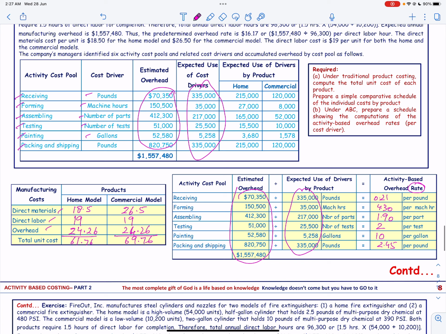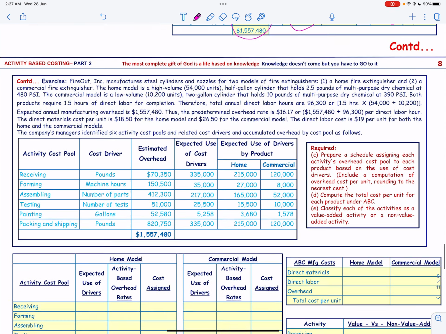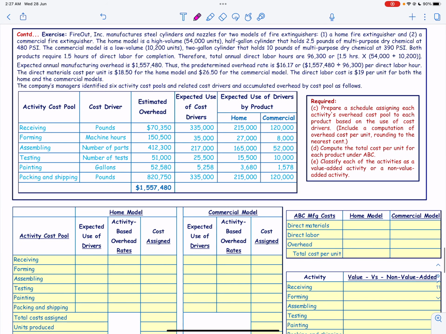So we have computed the activity based overhead rate per cost driver. You can see this is how we get the numbers, and we continue on the next slide. And here they say prepare a schedule assigning each activity's overhead cost pool to each product based on the use of cost drivers.